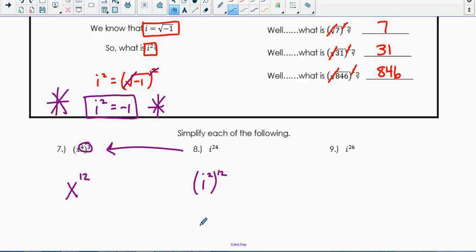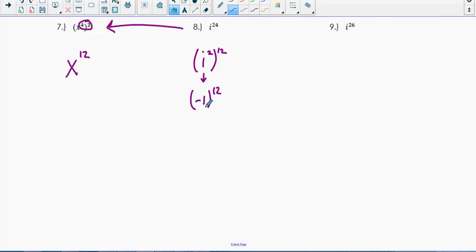The reason I want to write that is because I just defined up here that i squared is negative 1, raised to the 12th power. If I took negative 1 and raised it to the 12th power, imagine I did negative 1 times negative 1 times negative 1, 12 times. I'm not going to do it all 12 times.